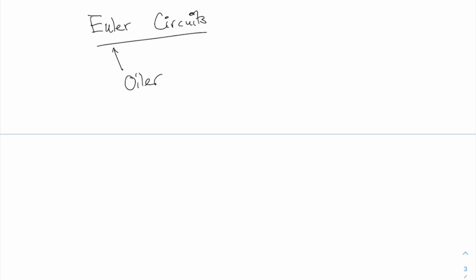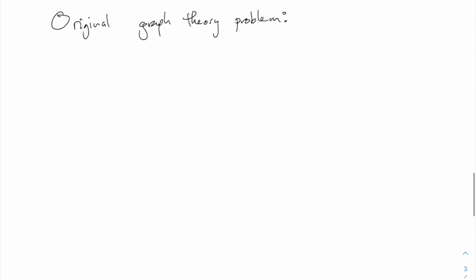And Euler is kind of the originator of graph theory, if you trace it back from today to when it began. It began with what I'm going to call the original graph theory problem. There's this one math problem which is regarded as the beginning of graph theory.